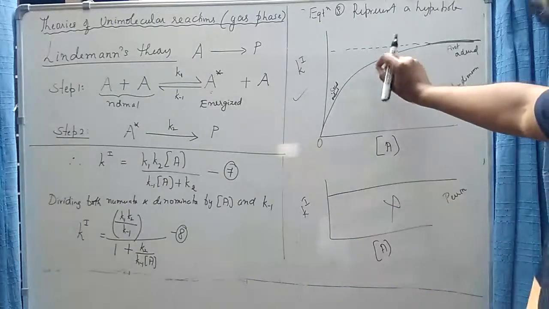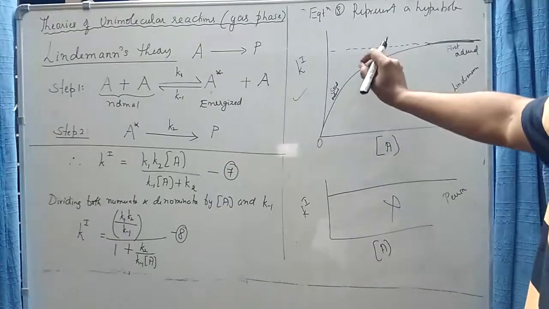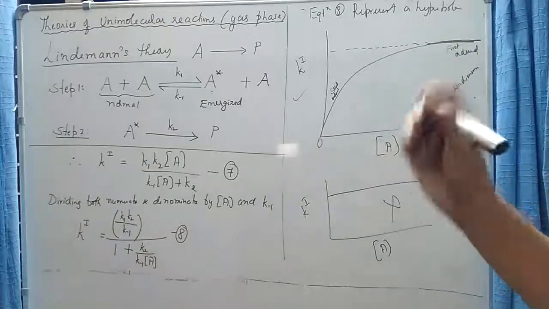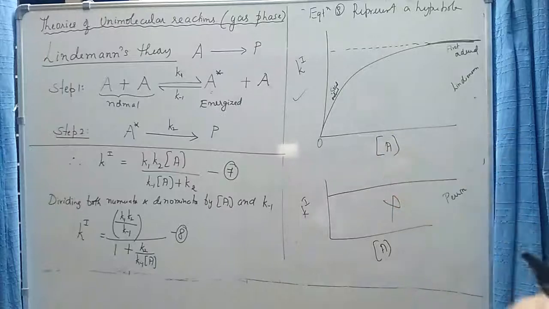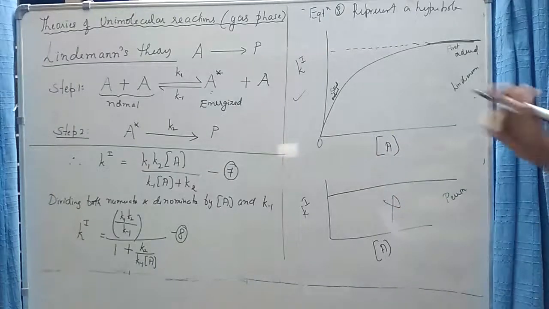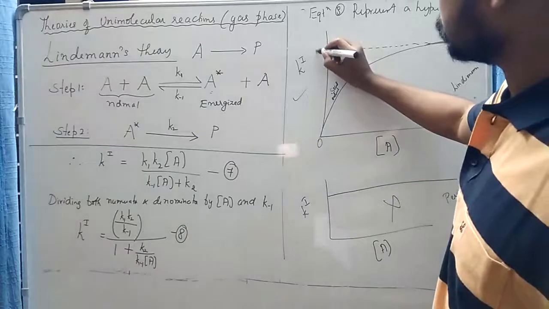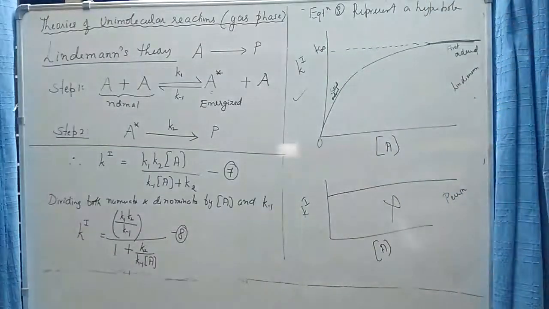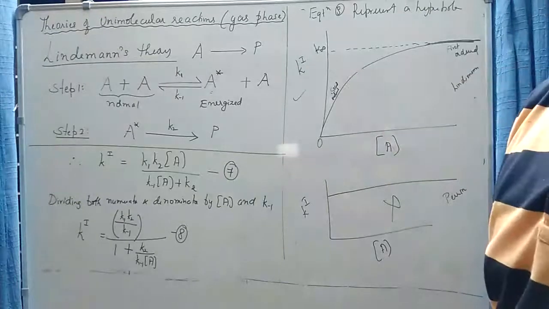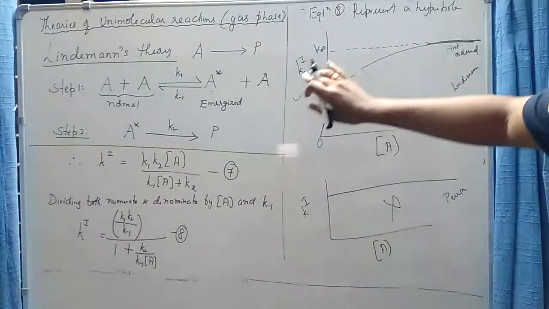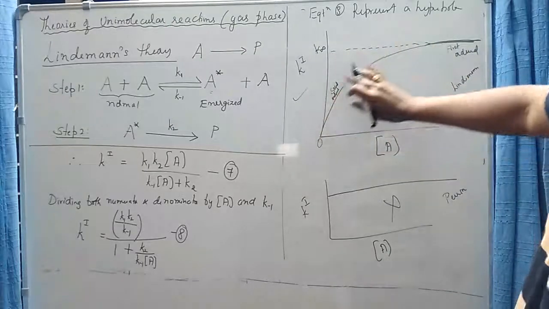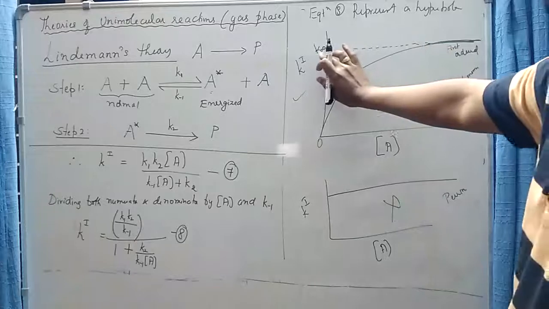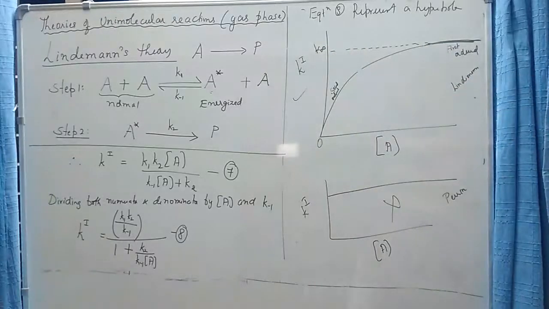There is some concentration of A which acts as a point of transition where first order becomes second order, or second order becomes first order. The maximum value of K1 is taken as K infinity, and it can be found by experiment: if you plot this graph and find the maximum value of K1, this extended line is nothing but K infinity.